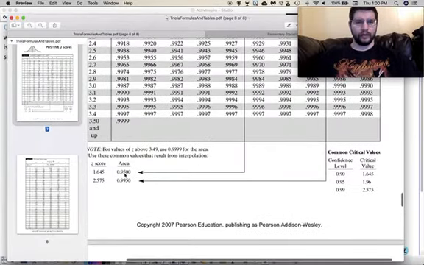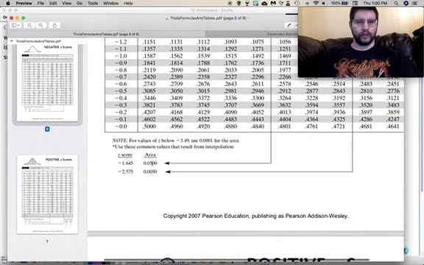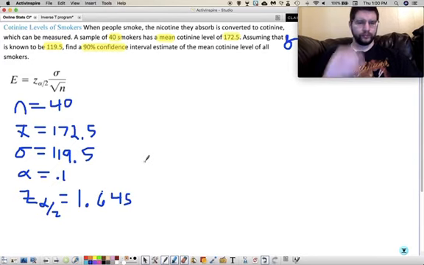Yep. So for alpha is 0.05, we have 1.645. We'll use that. If you round it to three places, that's fine. Again, at the end, I'll give a little interval of answers that are acceptable.